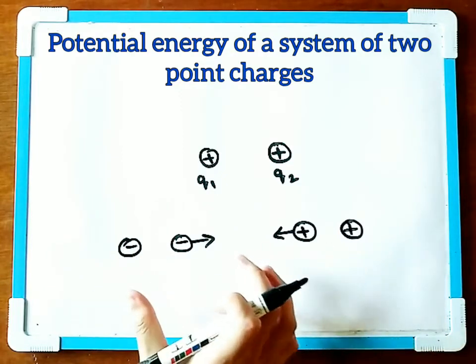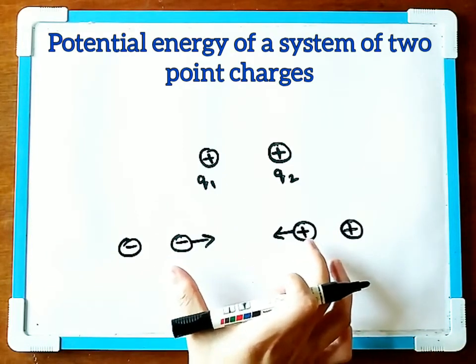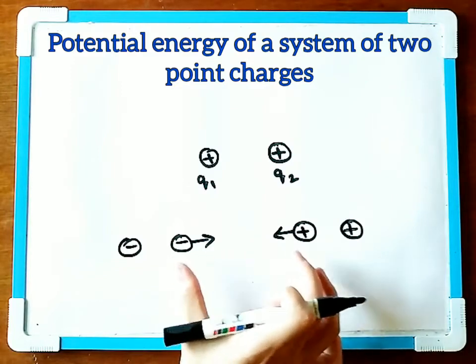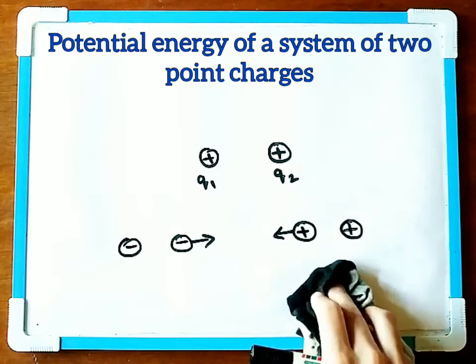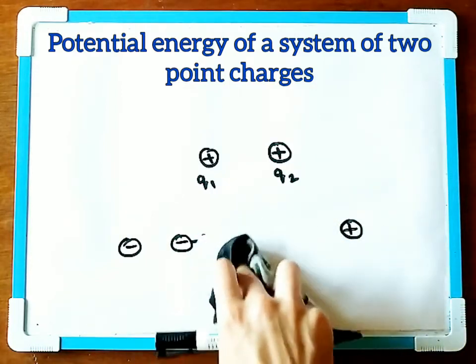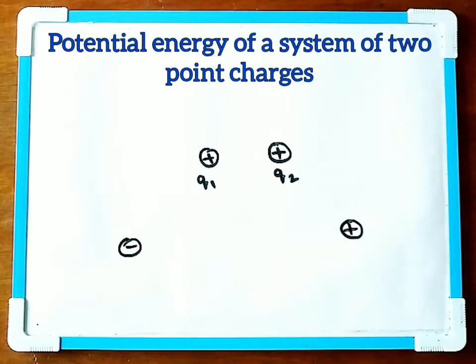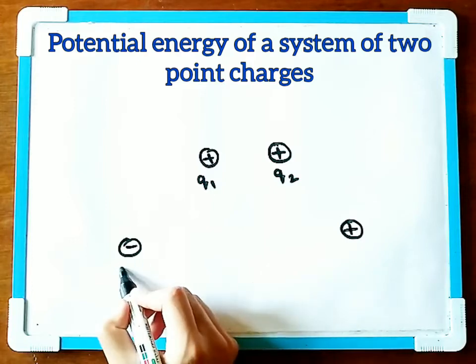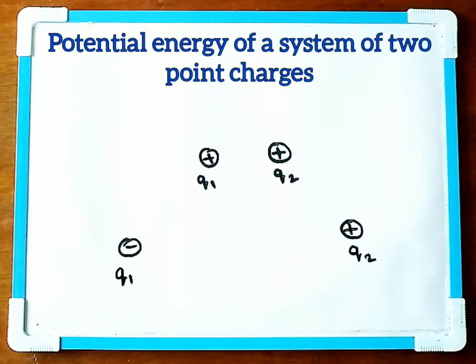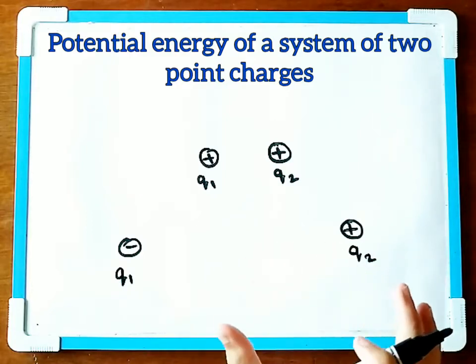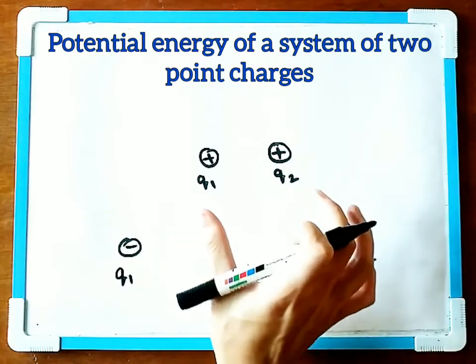So I'll have to do work against this attractive force. They are attracted to one another, and I'm bringing them away from one another. So again here also, since I'm doing work against the attractive force, there will be a potential energy stored in these two charges, Q1 and Q2. So we have potential energy stored in the system of 2-point charges.